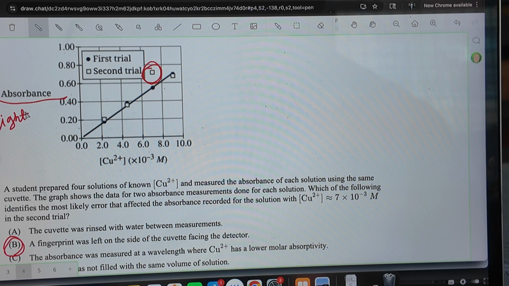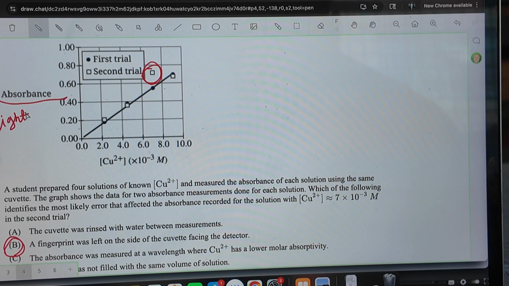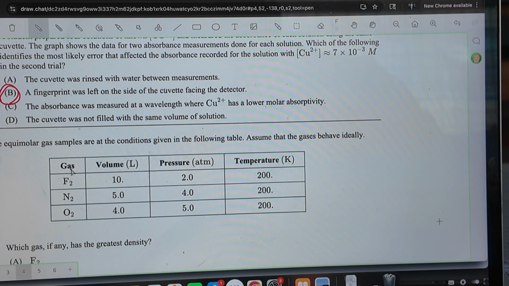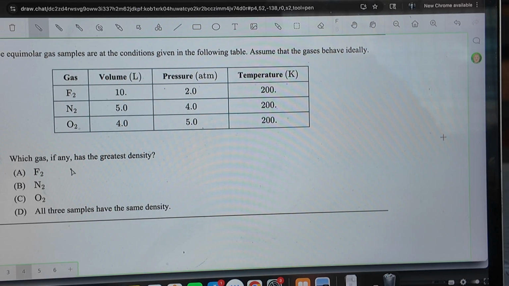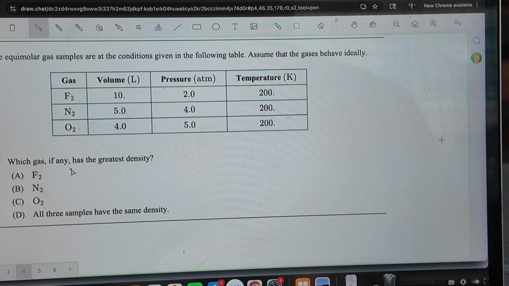So it says that it's a higher absorbance. But the concentration actually didn't change, but because there's a finger smudge, that's why I would pick B. This is a tricky question. I will say this is a very tricky question. Okay.